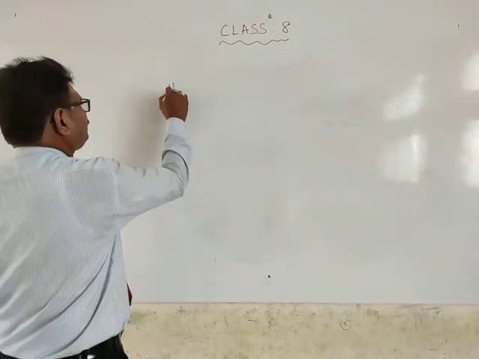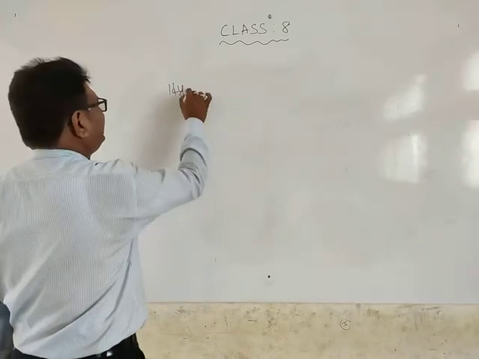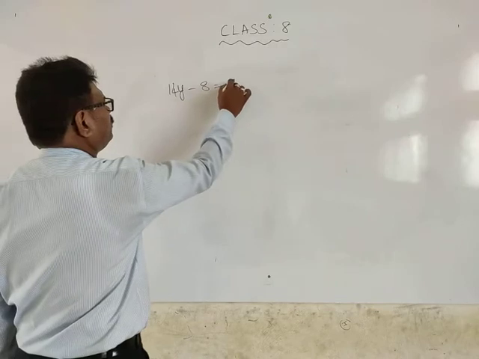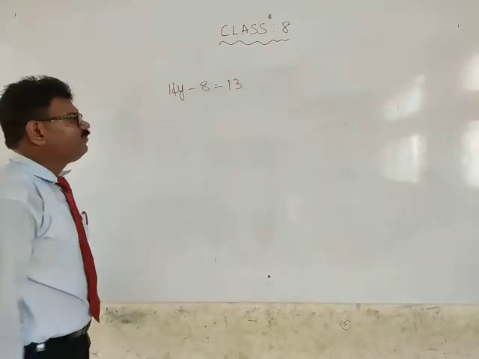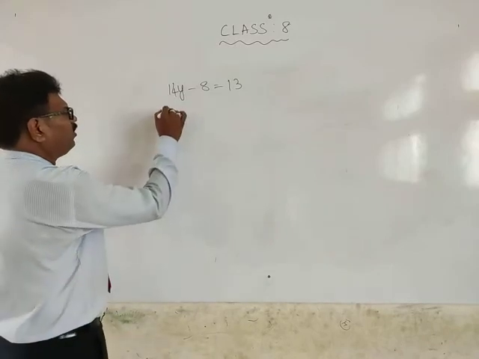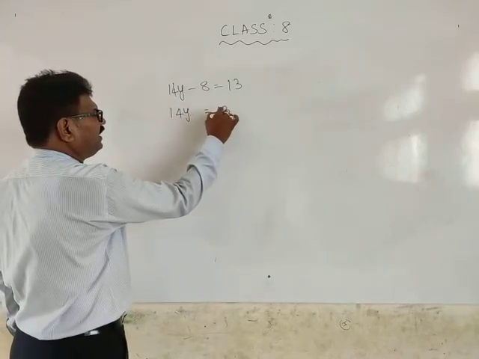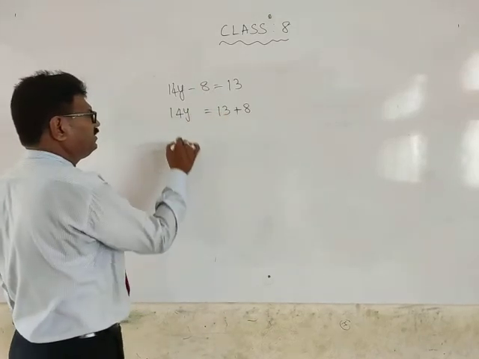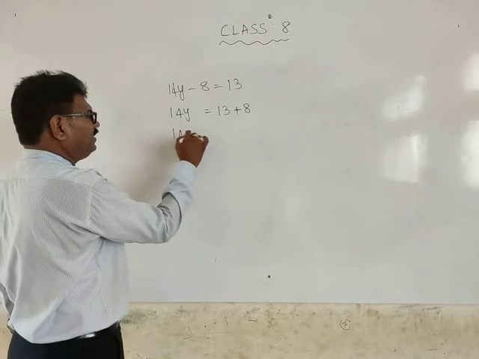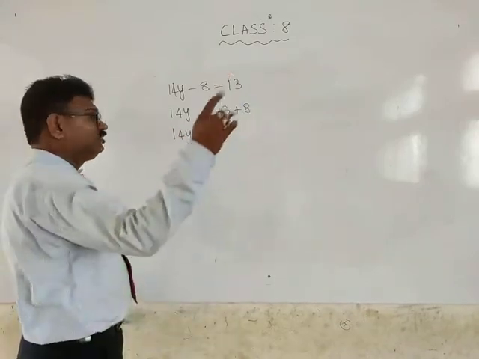14y minus 8 equal to 13. So very simple to see. 14y as it is, equals 13 is there. Minus 8, if it comes here, plus 8. Now 14y is equal to 13 plus 8, how much? 21.